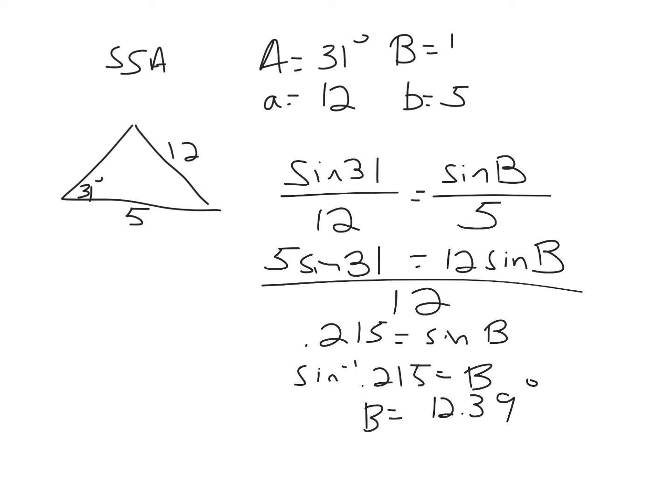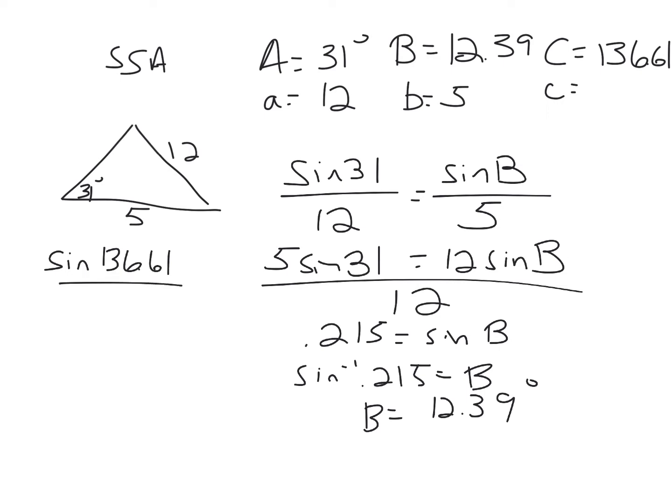12.39 degrees. So in order to find C, we're going to need to do, first off, just simply 180 minus those 2 degrees. And when you do 180 minus those 2 degrees, you'll get 136.61. And then we need to find lowercase c. So we get sine of 136.61 over lowercase c equals sine 31 over 12.